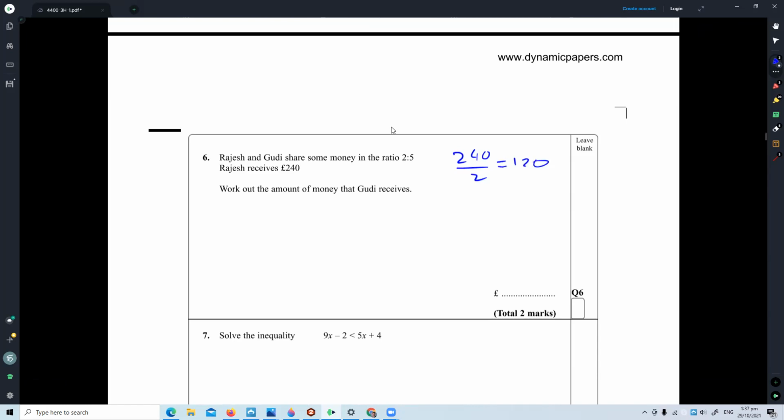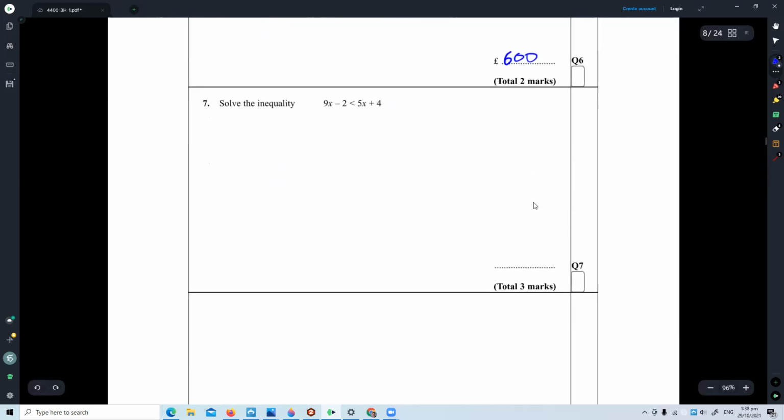So work out the amount that Goody receives. So if 1 unit is 120 pounds, Goody receives 5 units. So we can do 5 times 120, which is 600 pounds. And you can think that the first person gets 240 and Goody gets 600 pounds. Okay, 2 marks for that.